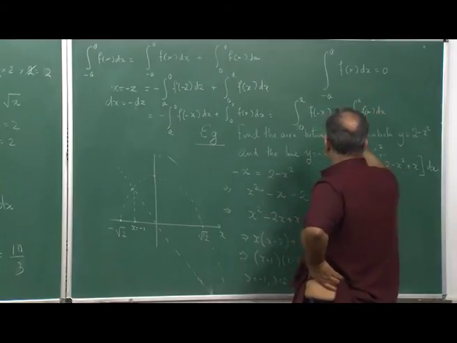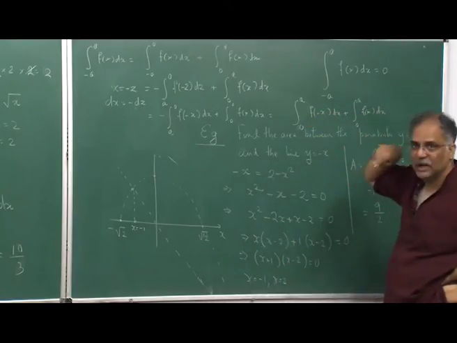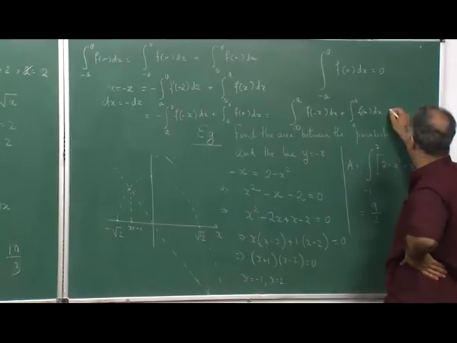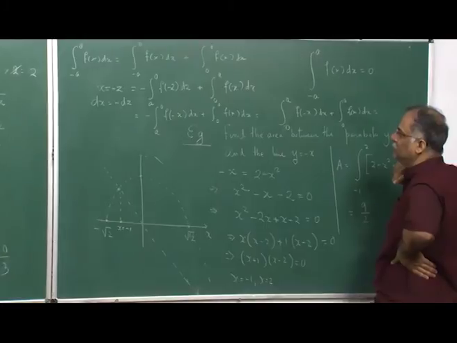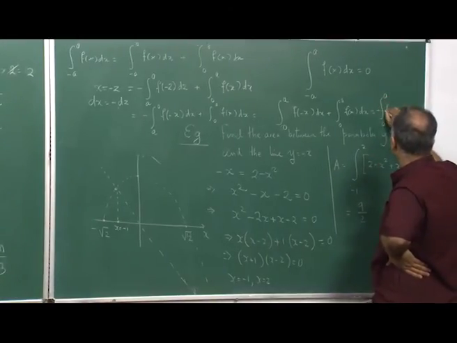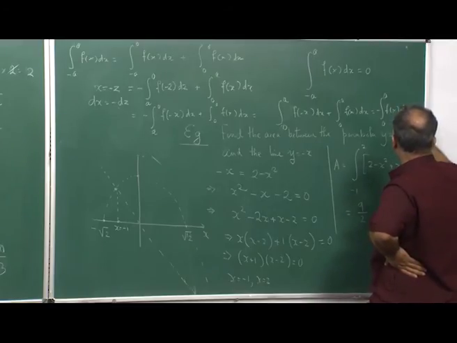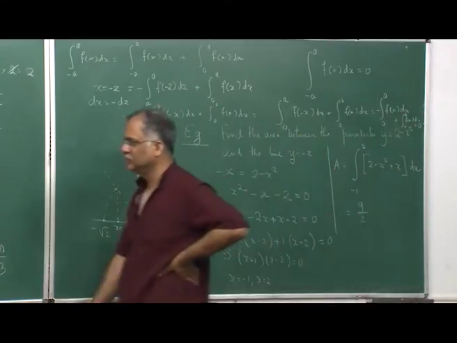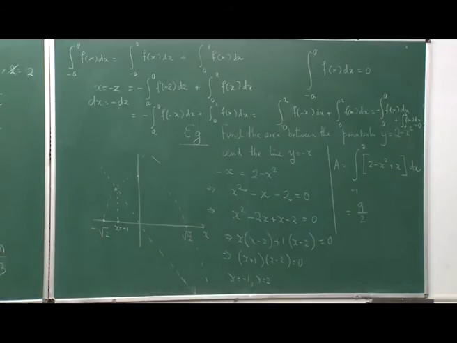But you see f of minus x, the function being odd, is minus of f(x). So, this is nothing but 0 to a minus of f(x) dx plus 0 to a f(x) dx, which is equal to 0. That is it. That solves the problem actually.